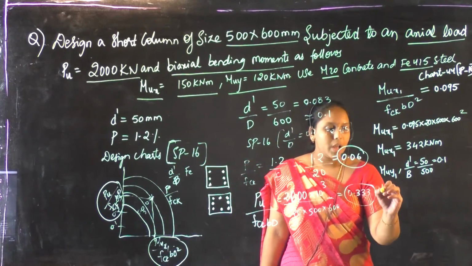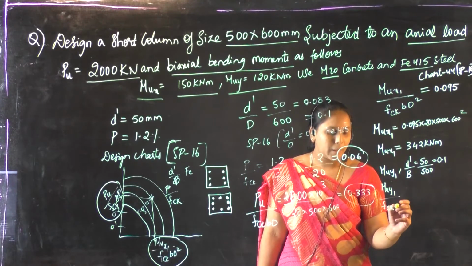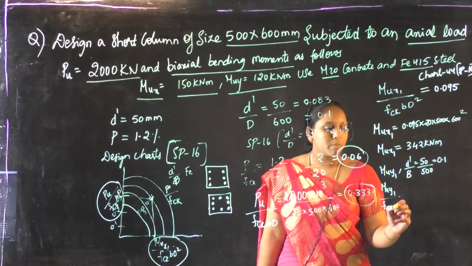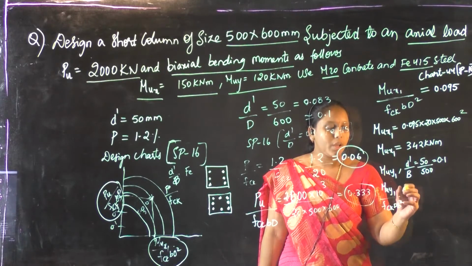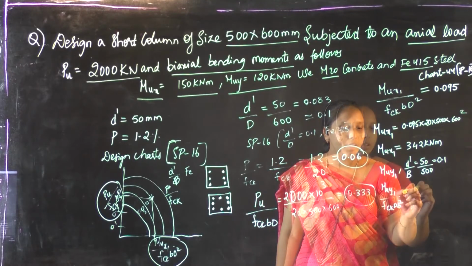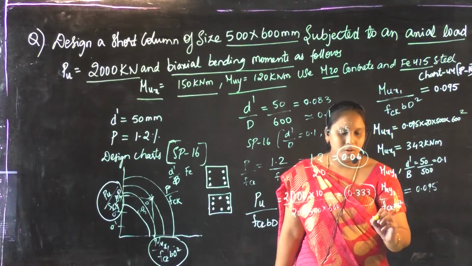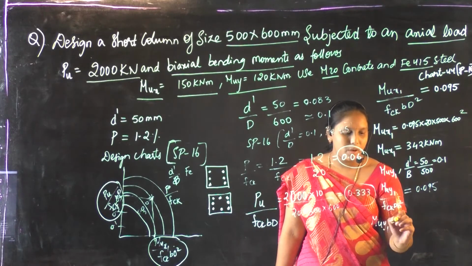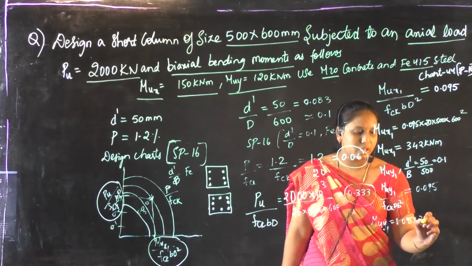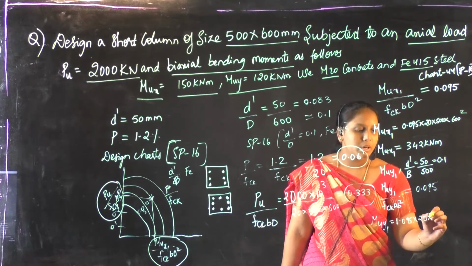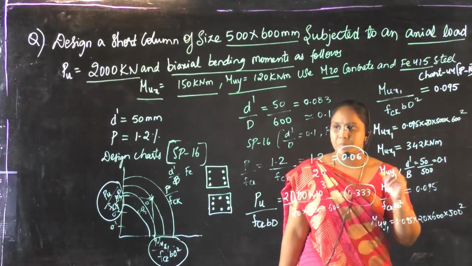MUY1 by FCK, here it will be D into B square. So it will be 0.095. So MUY1 will be equal to 0.095 into FCK is 20 into D is 600 and B will be 500 whole square.